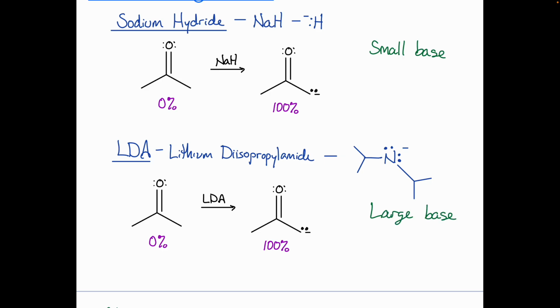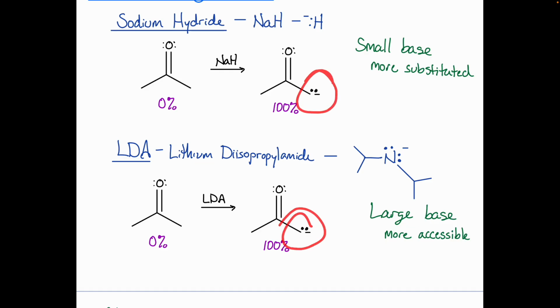Your small base is going to favor whatever is the most thermodynamically favorable, the most stable enolate, which turns out to be deprotonating the more substituted carbon. Whereas that big bulky base is going to have a hard time getting to the more substituted carbon, so it's going to prefer the more accessible carbon. Now again, for acetone, those are identical.